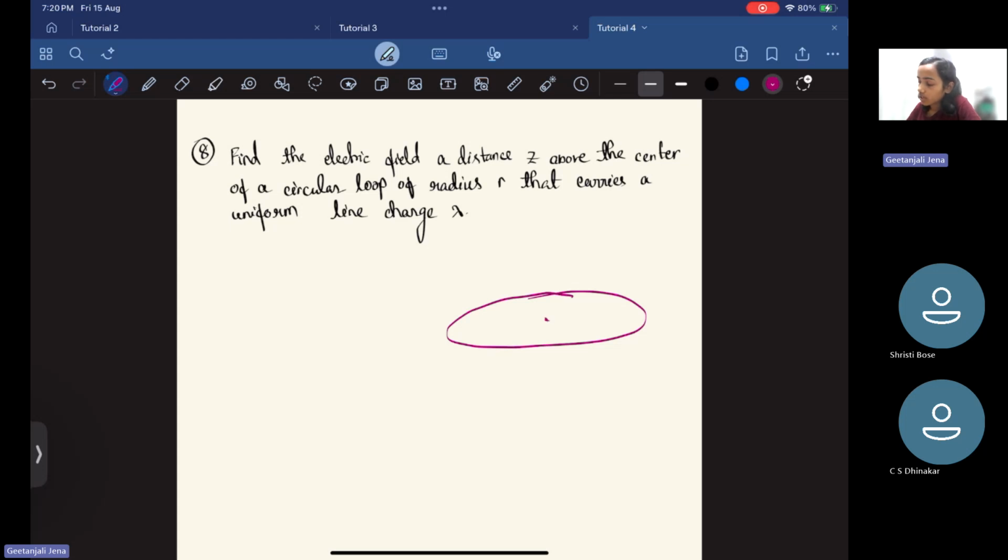So for this circular loop, this is the radius R, which is always constant. Let us take this as dq, the charge element. Because of this charge, at a distance z, we will have an electric field dE.